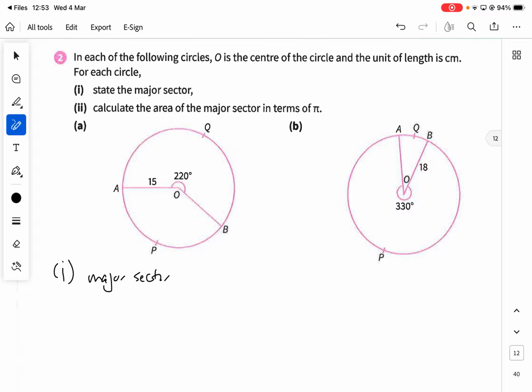Then they want us to give in terms of pi, means we don't key in the pi into the calculator. So I just key in all the other numbers, multiply them. 220 over 360. Then I multiply by 15 square. Then I will get 275 over 2 pi. Leave pi as pi. This is what they mean.